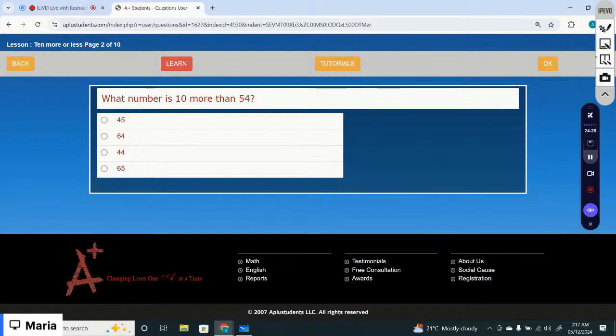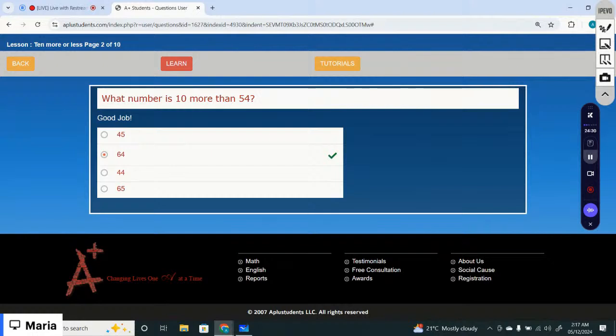One more thing, when you're adding 10, you just have to change the tens digit. The ones digit remains the same, right?